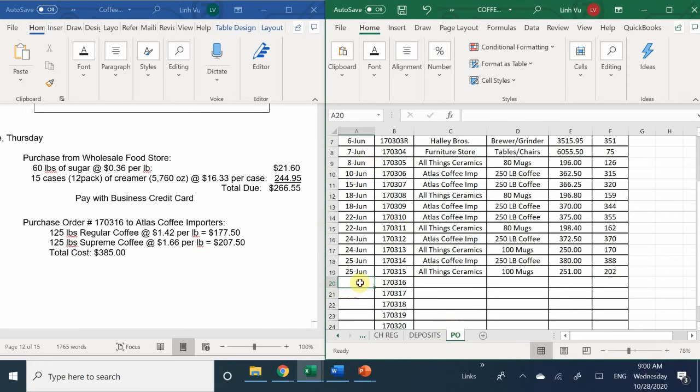And then we're going to put June 27th under purchase order number 170316. And the vendor is Atlas Coffee Importer for 250 pounds of coffee. And the total is $385. Good.